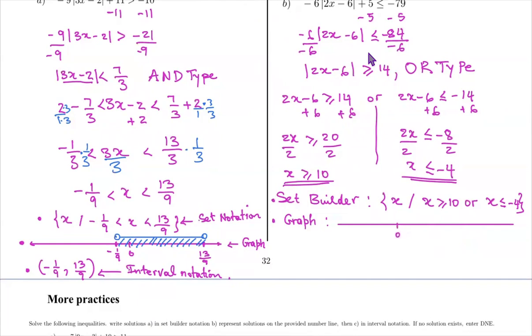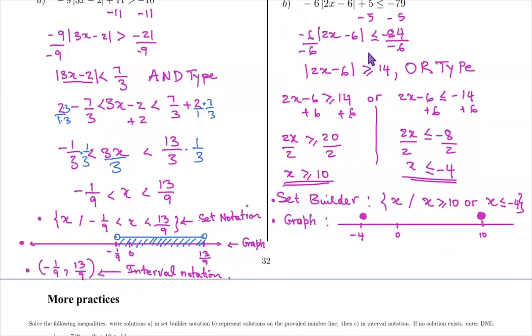That's 0. And then let me assume that this is 10 and this is negative 4. On negative 4 and on 10, we're gonna keep a closed circle because both are included with the less than or equal sign and greater than or equal sign.